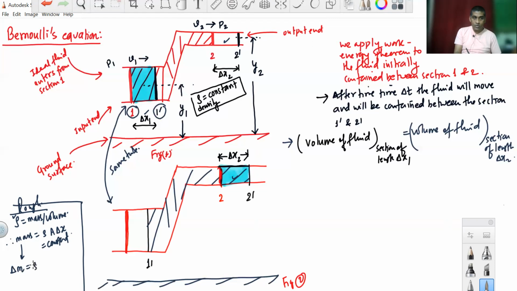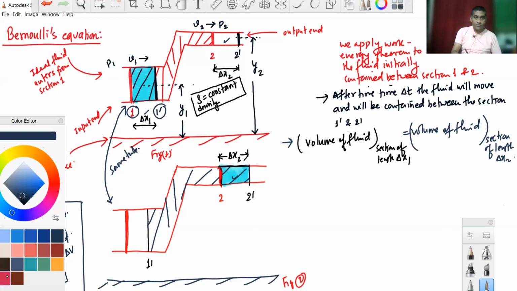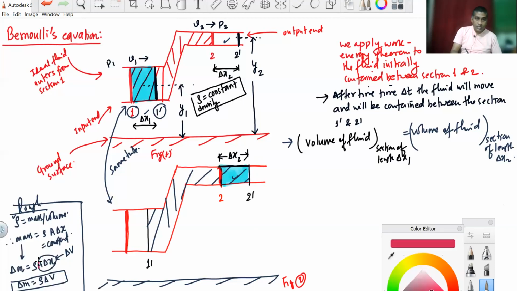This equals rho A delta x, and this is volume, and let us denote volume by symbol delta V. So we can write delta m equals rho times delta V, where delta V is area times thickness. So this is area times delta x, and this equals volume delta V.